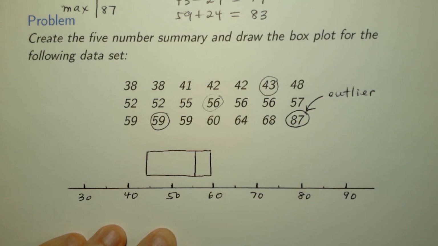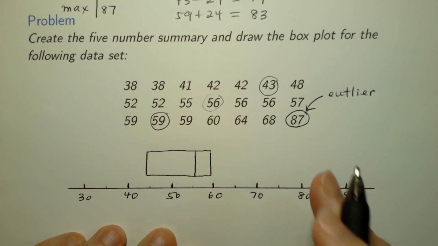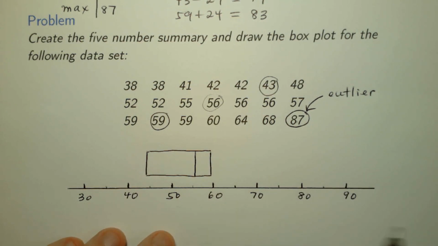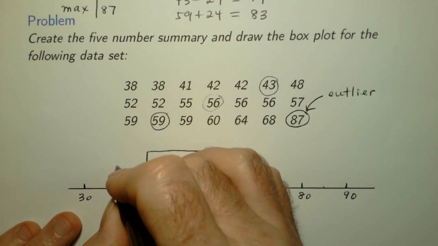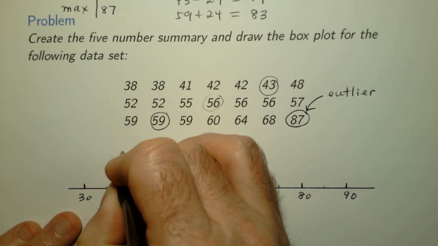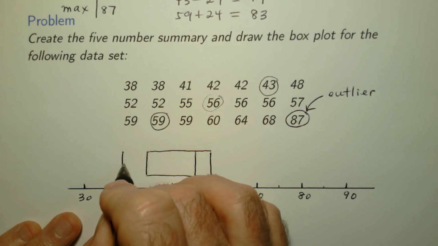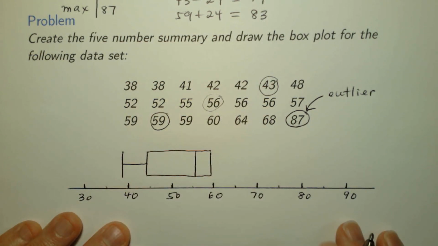Now, I want my whiskers to extend out to the largest and smallest values that are not outlying. So for instance, I'm going to go to the left to the minimum of 38. So 38 is right about here. But I'm going to have my whisker that goes to the right only going out to 68, because that's the largest value in the data set that is not an outlying value.